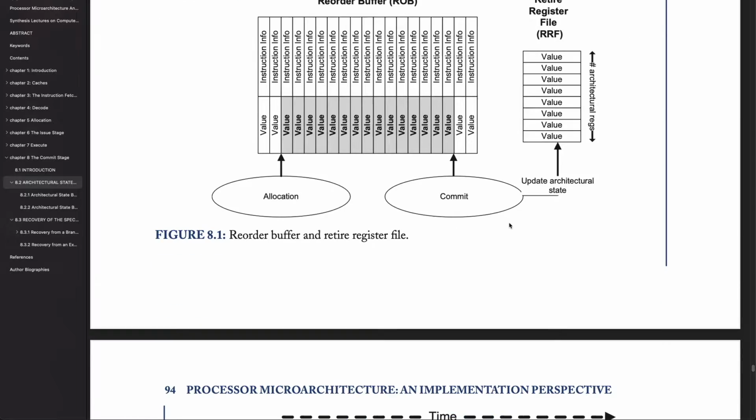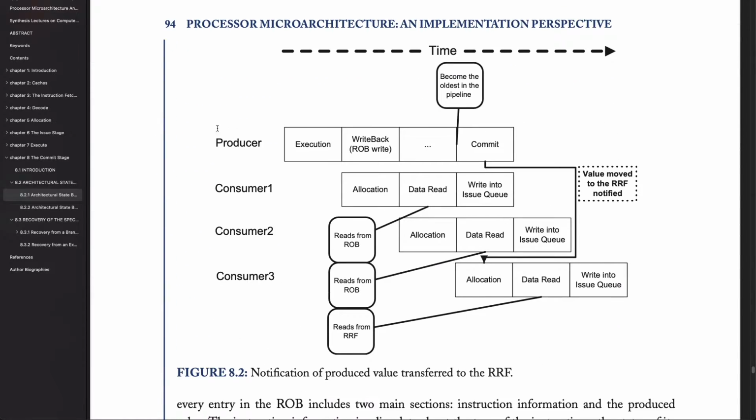And then now if you have a bunch of instructions going and you move this value to your architectural or the committed dedicated set of registers, you're going to need to notify consumers. If I'm allocating here, I'm still reading from the reorder buffer, but if the values move to the RF, the allocation now needs to know that it must read from the RF instead of the ROB.